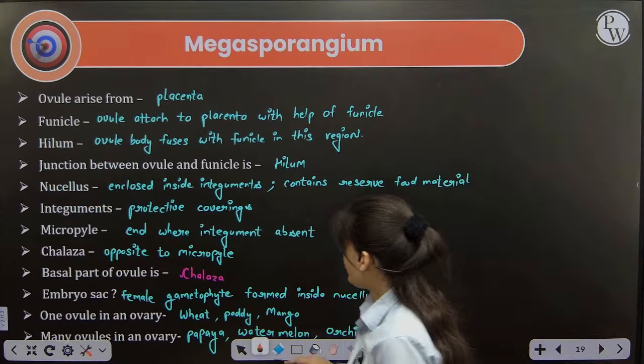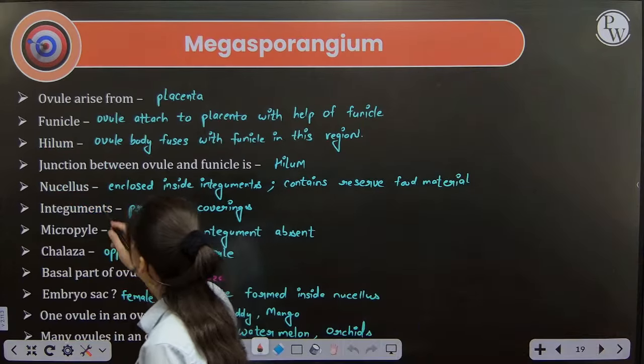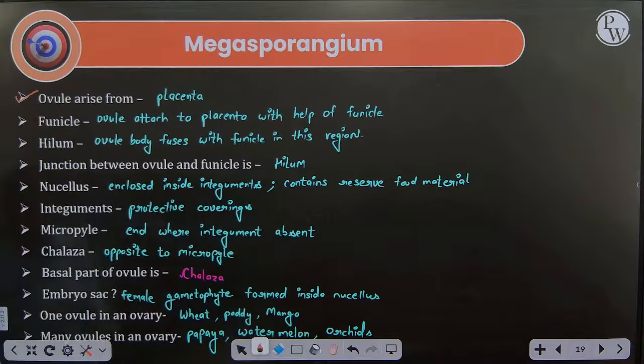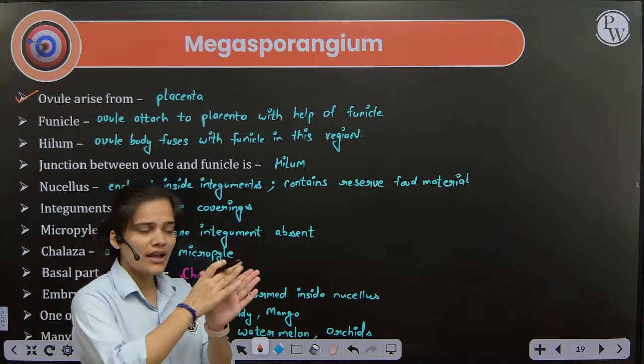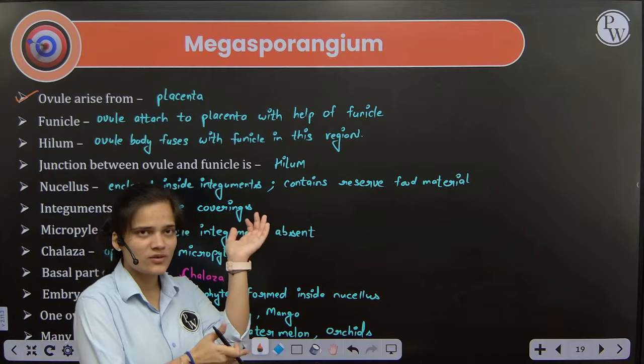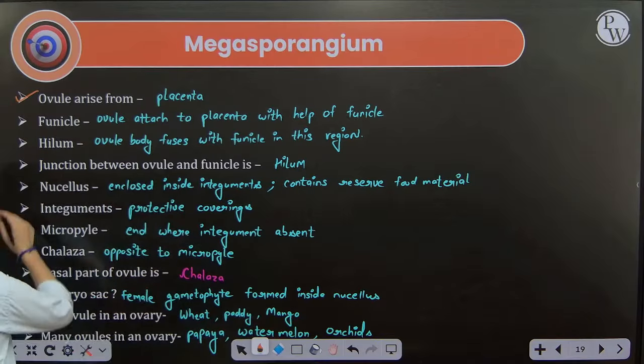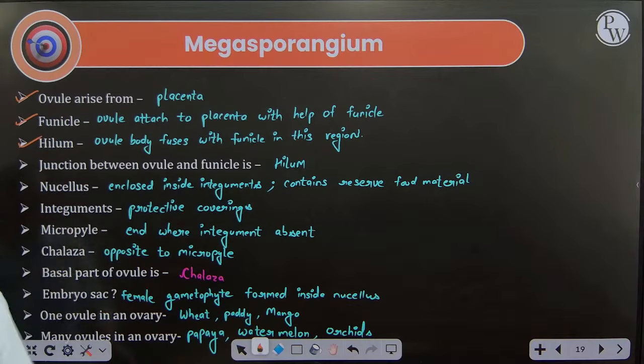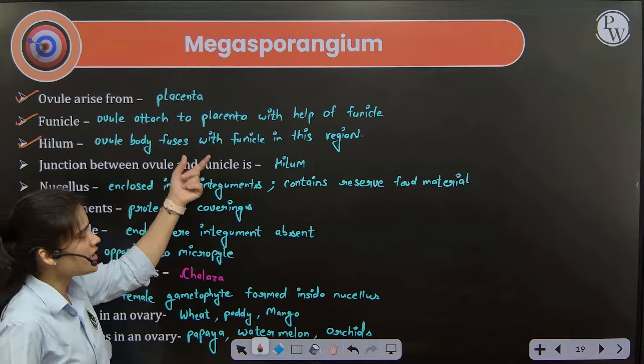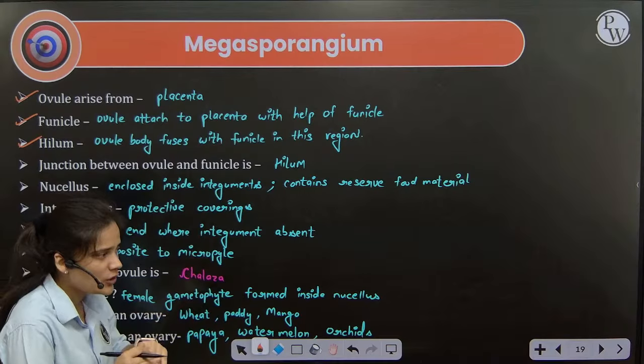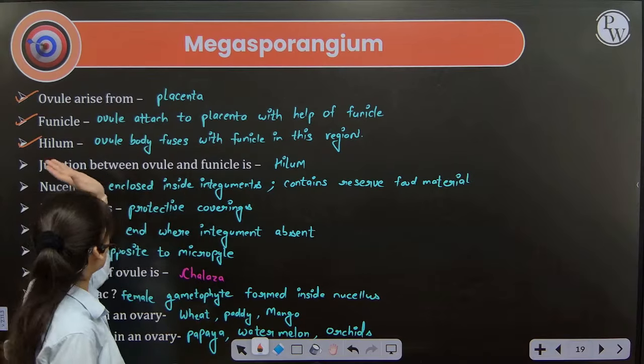Now, ovule arise from the placenta. What is funicle? Funicle is the stalk with the help of which ovule body attaches to the placenta. Hilum, ovule body fuses with funicle in the particular region that is known as hilum.